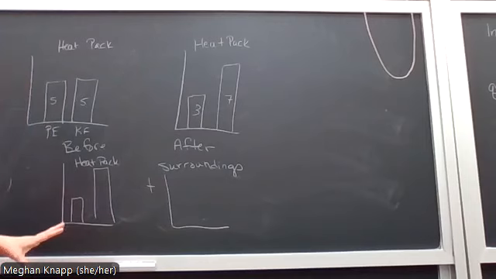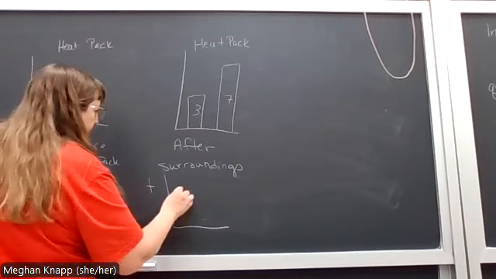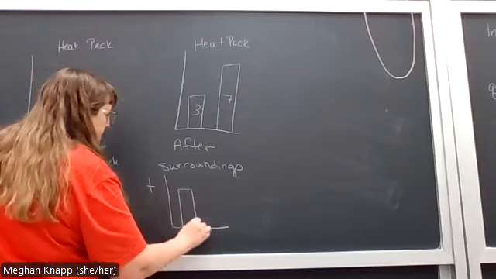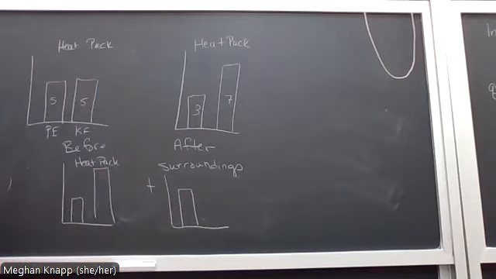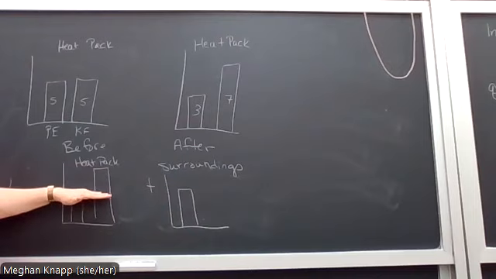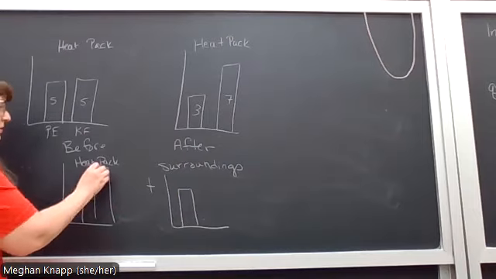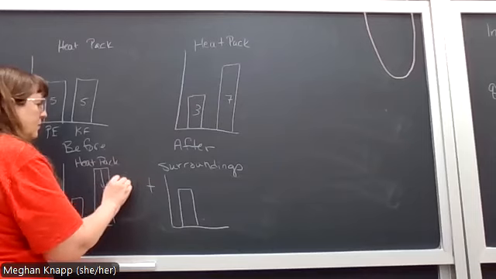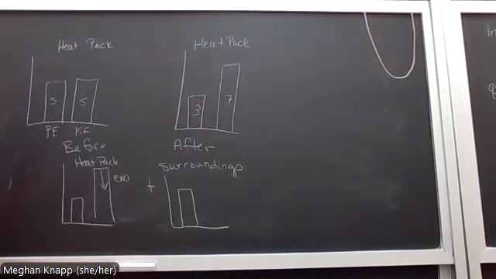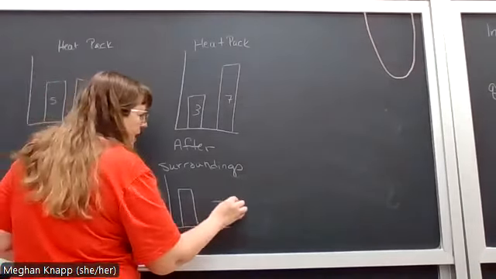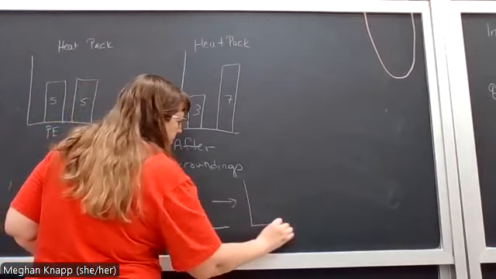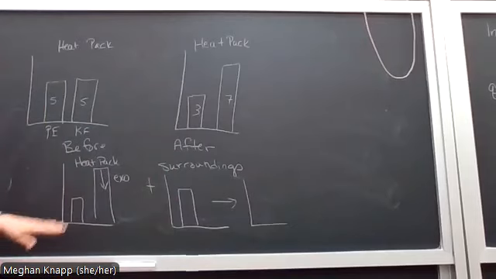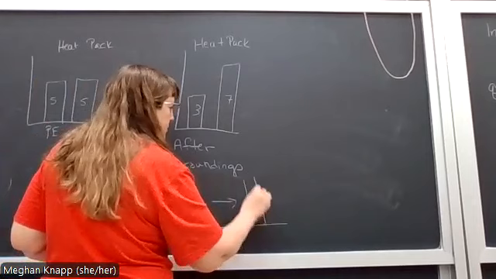So initially my surroundings might have had this amount of energy, right? But if this is heat going down, is that endothermic or exothermic? It's exothermic. Then the surroundings is going to increase. So system goes down, surroundings goes up.